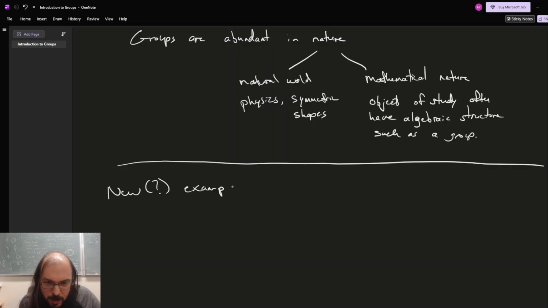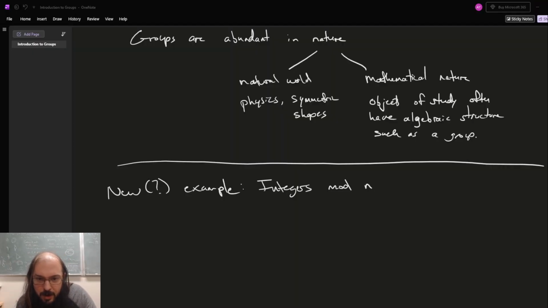So here's our first possibly new example: integers mod n. And we should probably start by saying what mod n even means. So let's see, what's a good example of this? How about we take mod 12?